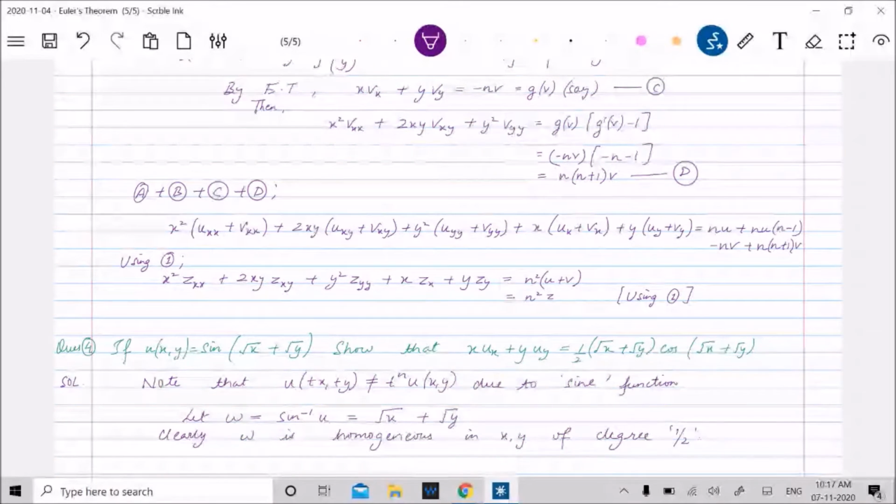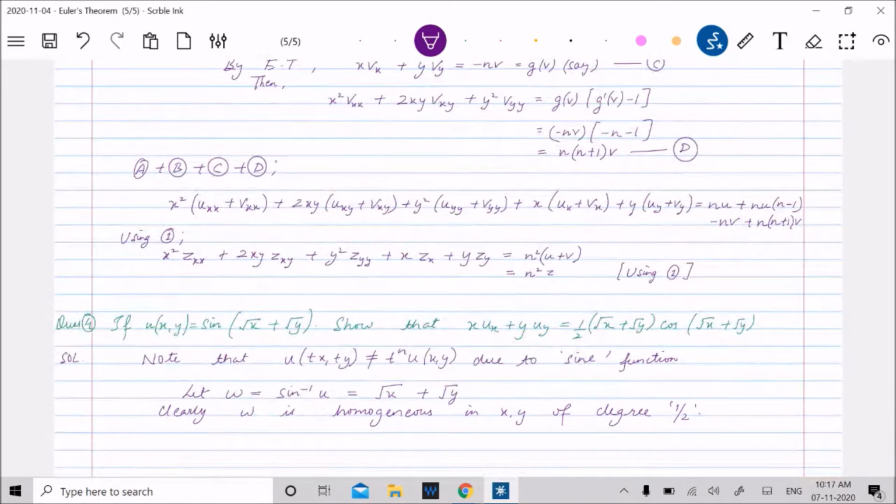That is, w of tx comma ty equals t to the power half times w of x comma y. So by using Euler's theorem on w, we have x del w by del x plus y del w by del y equals n times w.